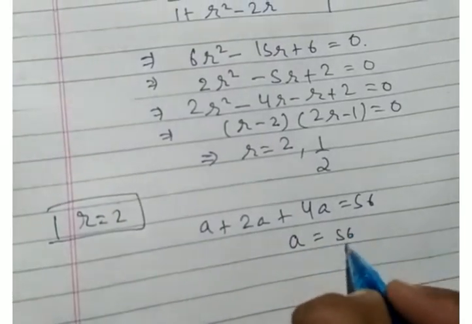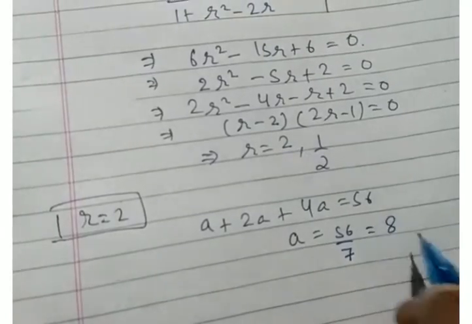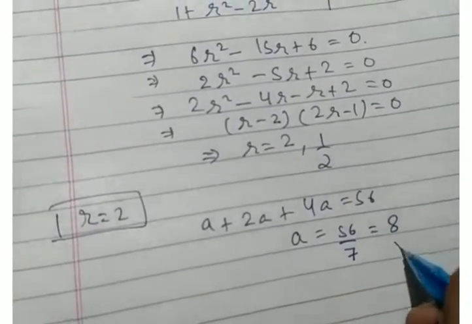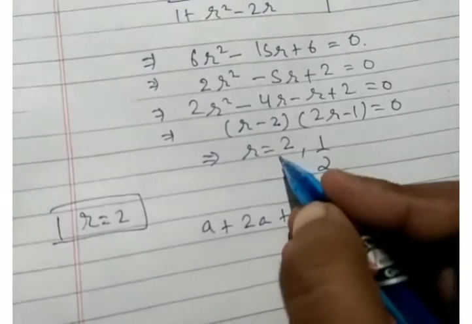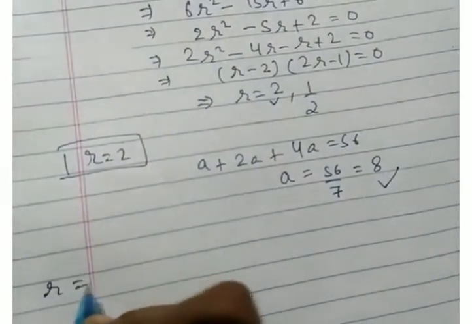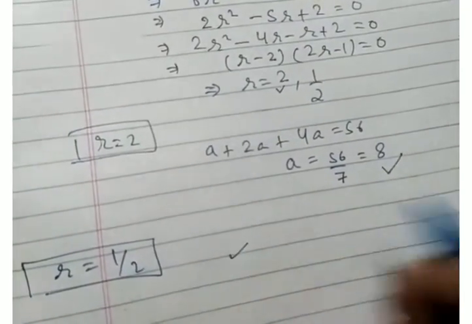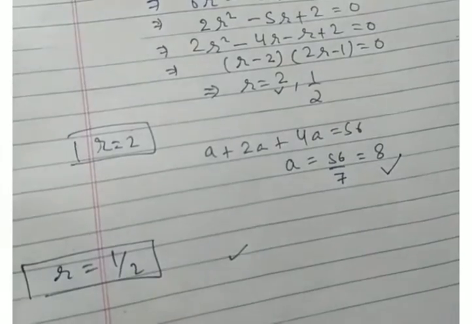A equals 56 upon 7, that is 8. Now we have the value of A and the value of R. Similarly, we can take the value of R as 1 by 2, and then again we can calculate the value of A.